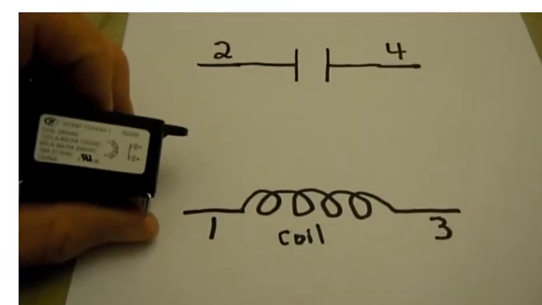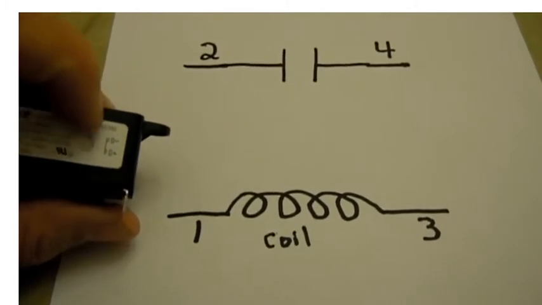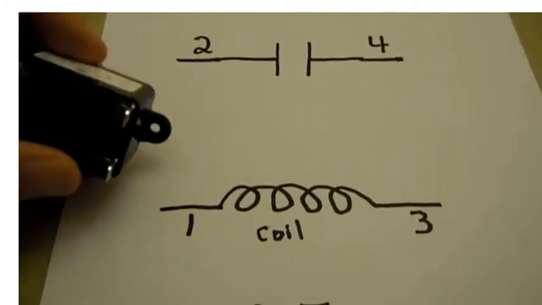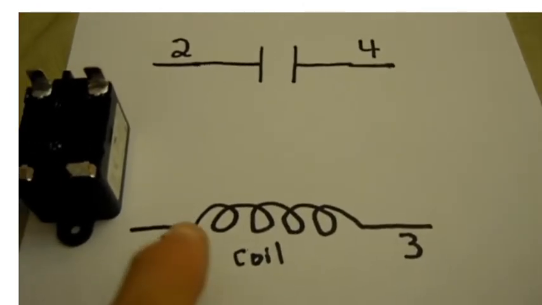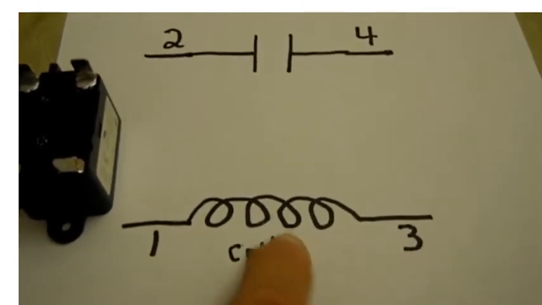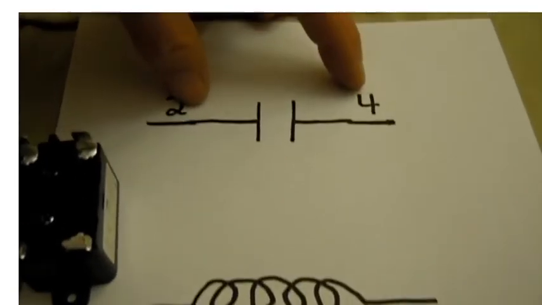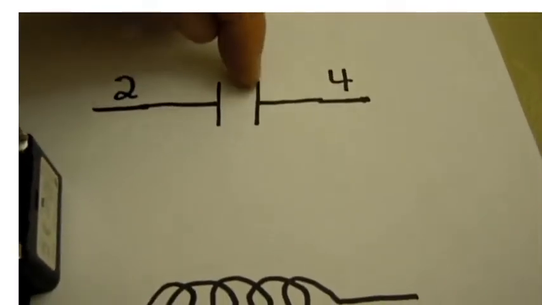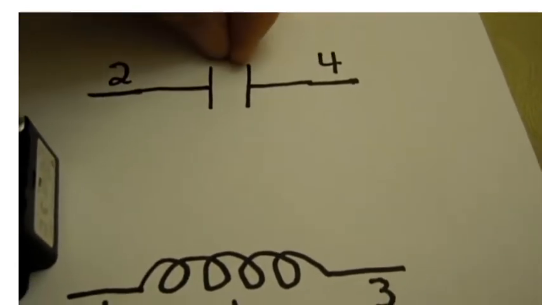It looks a little bit different from the wiring diagram that is printed on the side of the relay, but it means the same thing. 1 and 3 is your coil, and 2 and 4 is your single pole, normally open. So when it energizes, it closes.